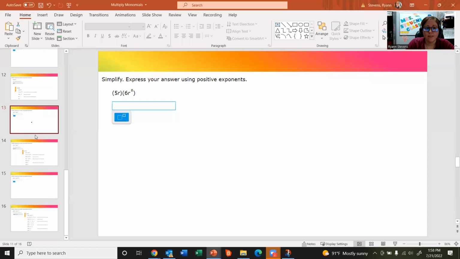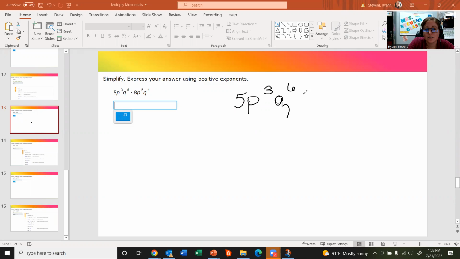Let's look at this one. There's a little bit more to this one, but it's the same. It really is the same steps that are involved. So when we look at this one, we write 5p cubed q to the 6th times 8p to the 5th q to the 4th.